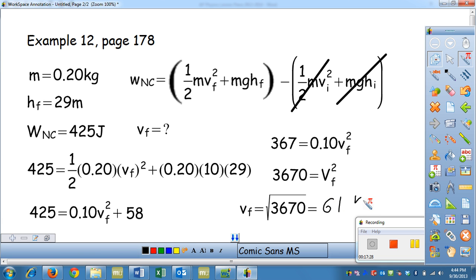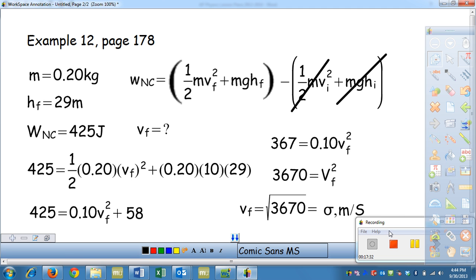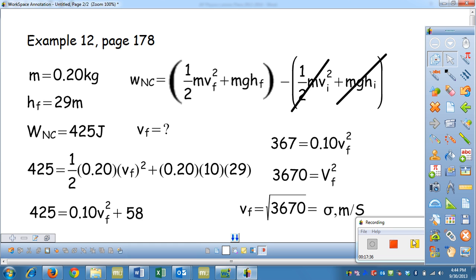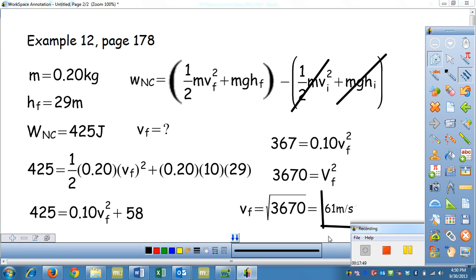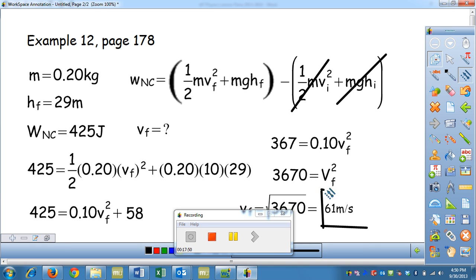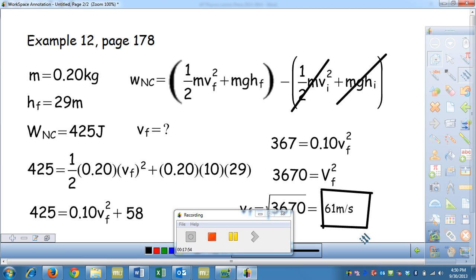I'm going to pause it. All right, and if we look at the book, we see they got the same answer, 61 meters per second. So we're good. There's our answer. Now I'm going to make up a problem for you to do.